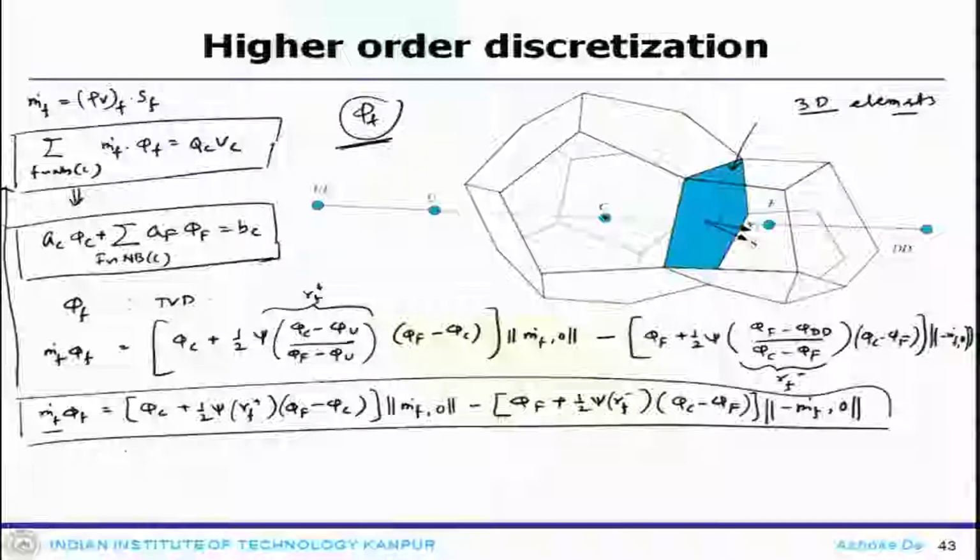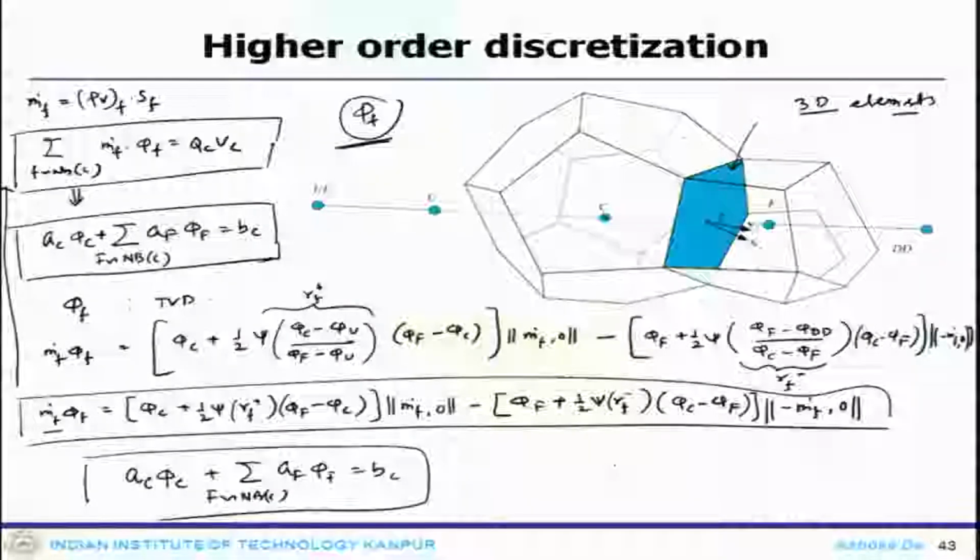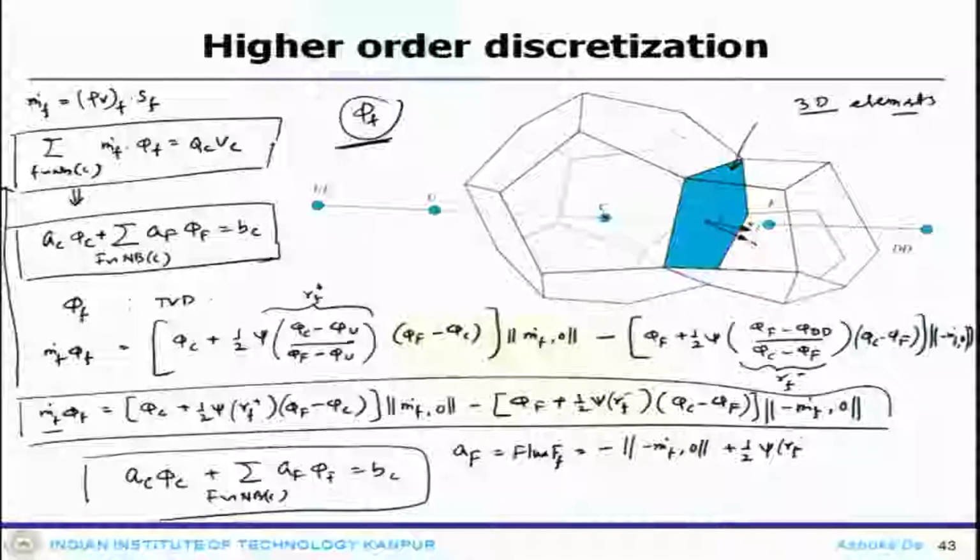Combining those two, you get the discretized form as AC phi c plus summation of AF phi f equals BC, where AF is the flux FF, which is minus m dot f 0 plus half psi RF, plus m dot f 0 plus half psi RF minus m dot f 0.